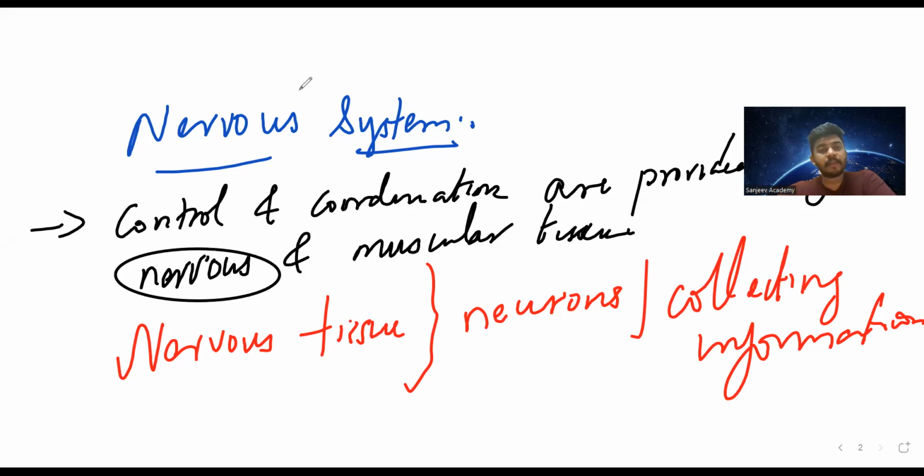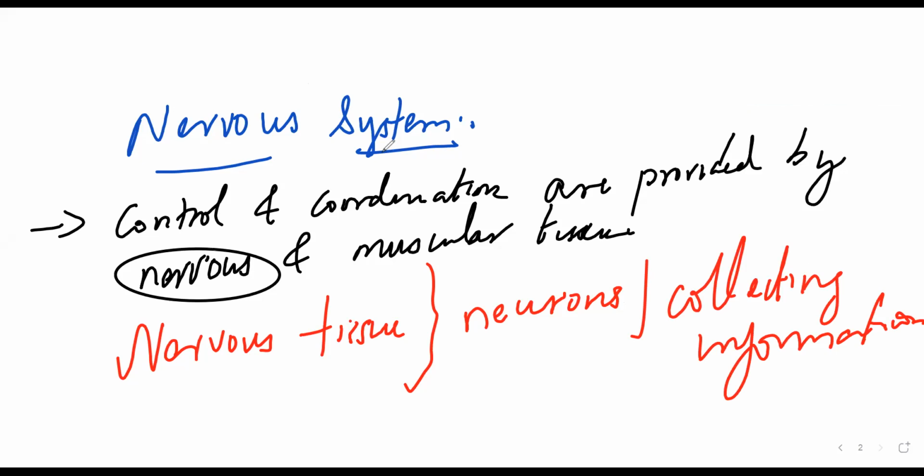Neurons are used for collecting information. So how does it collect information?